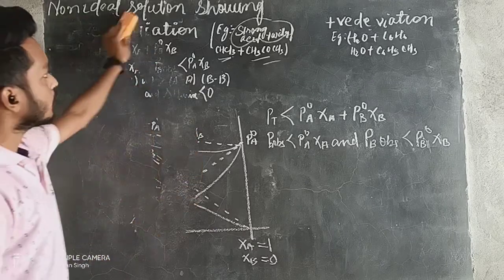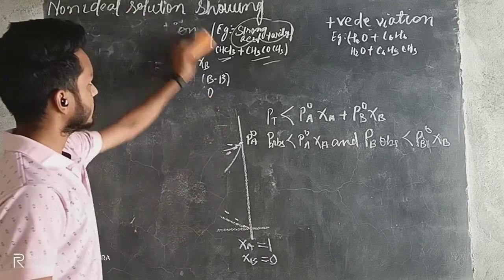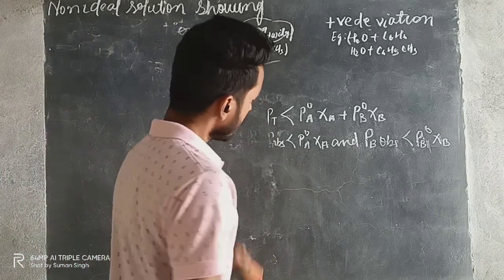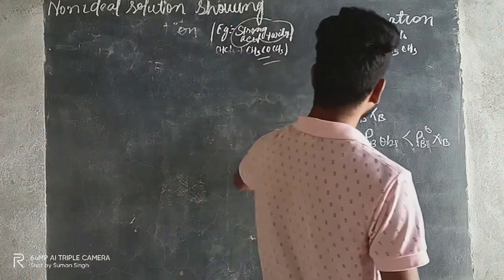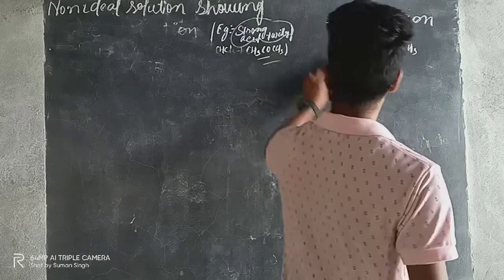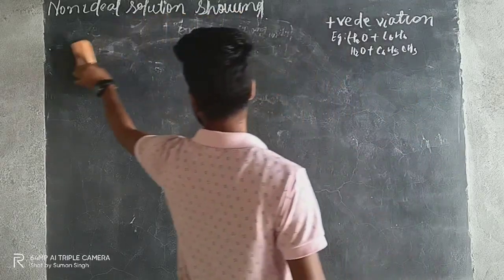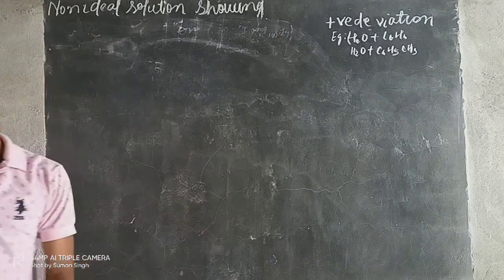So in positive deviation, first of all we will talk about P total. We will first discuss the force of attraction, because P total is linked with that force of attraction.